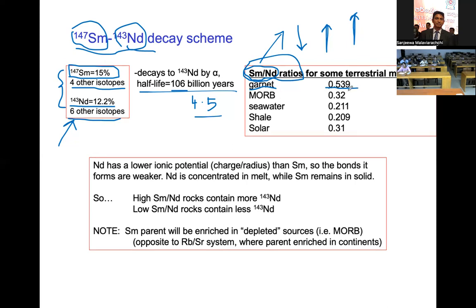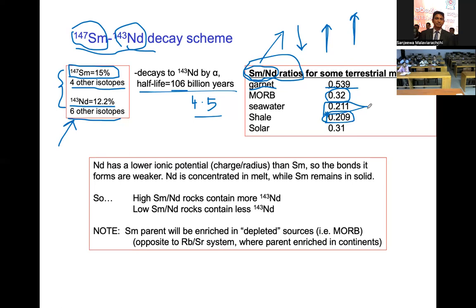In mid-ocean ridge basalts, you can see a lower ratio, 0.32. Seawater is further lower, and shale is 0.2. The ratio is 0.2, very similar, almost similar to the seawater, because these are in equilibrium in most cases, because the sediments are in equilibrium with seawater.